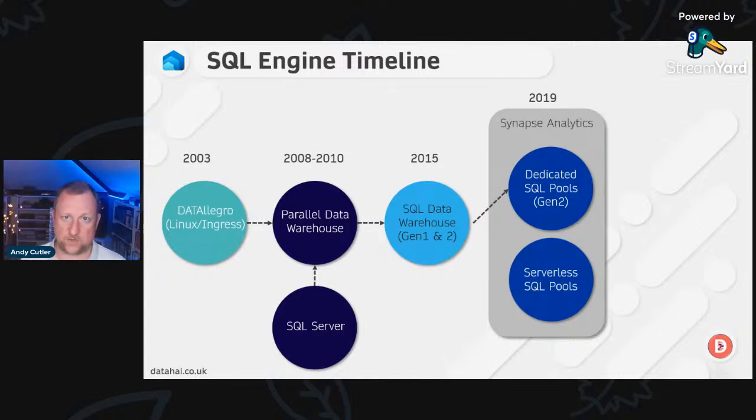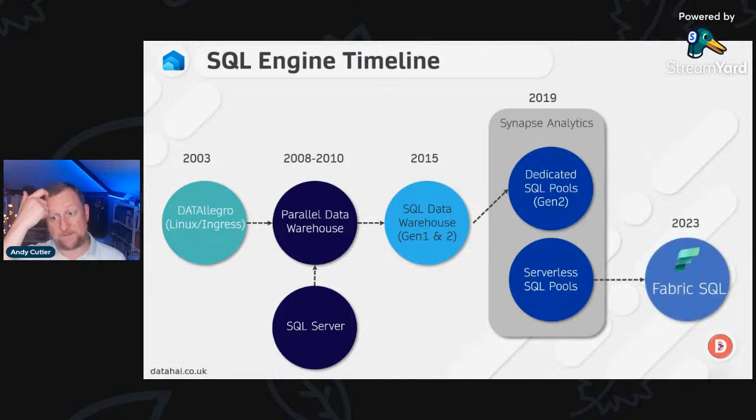Yes, it had the concept of TempDB to store result sets, but you are essentially connecting to and querying data in the data lake. So, very useful to cast structure over data that was stored in a data lake, in Parquet, Delta, CSV, JSON, but you could only really read the data. You couldn't manipulate it, edit, update, couldn't do any of that.